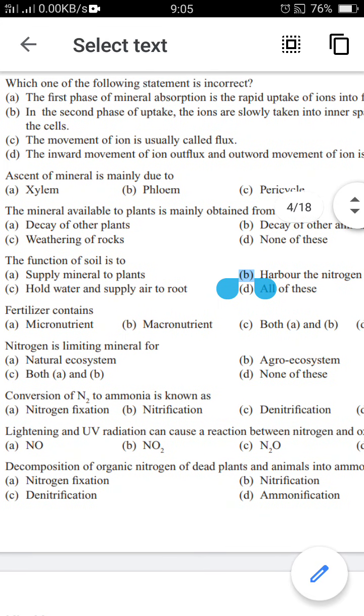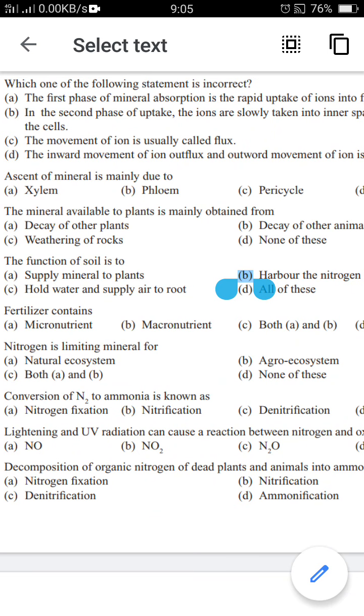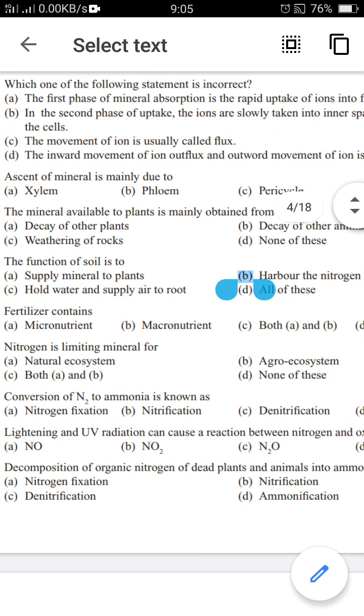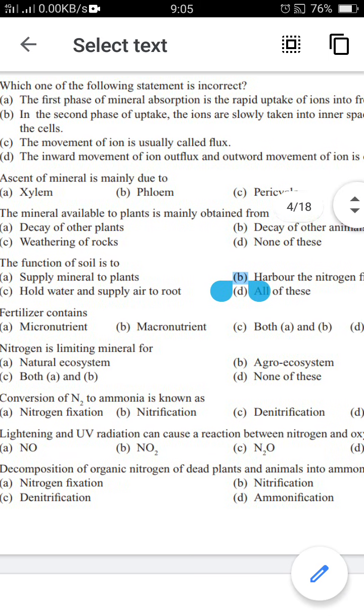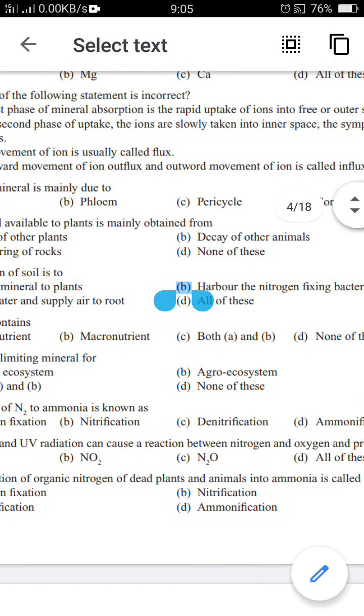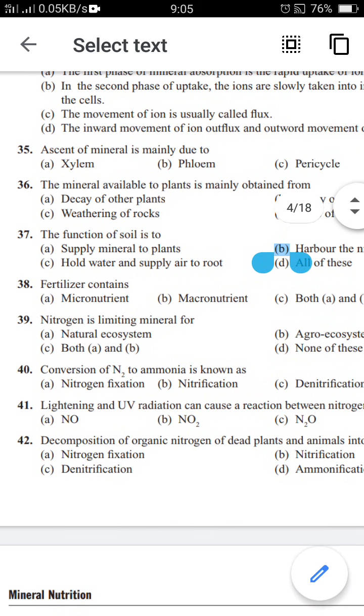Option C. The movement of ions is usually called flux. Next, the inward movement of the ion is called influx and outward movement of the ion is called outflux.